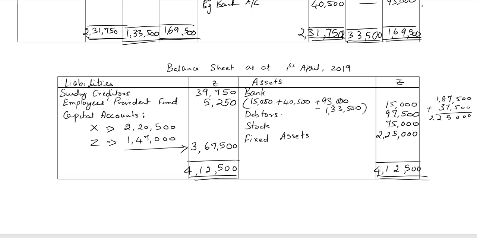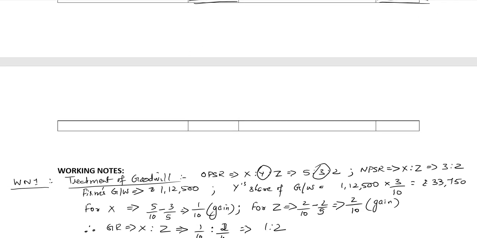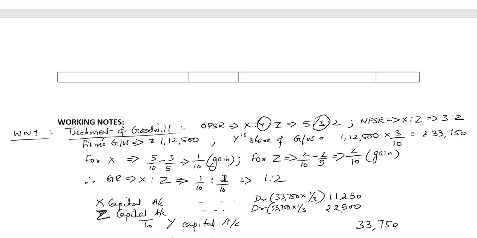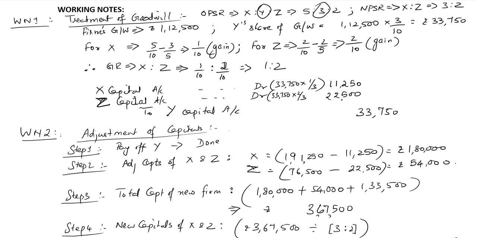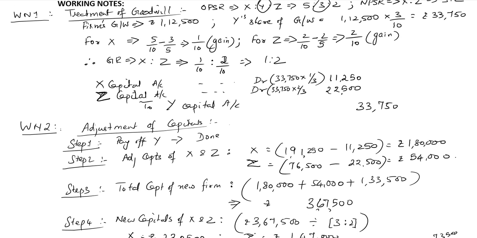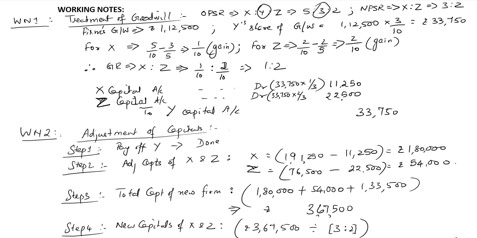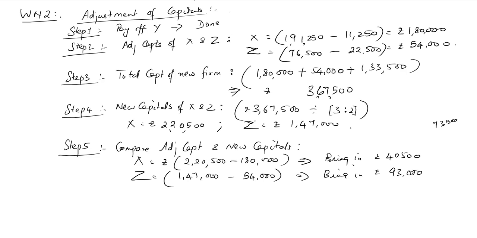And then the balance sheet. The first working note was for treatment of goodwill. The second working note was for the adjustment of capitals.